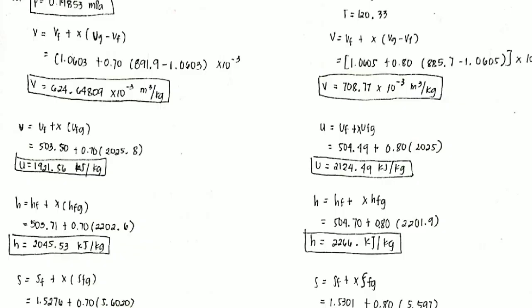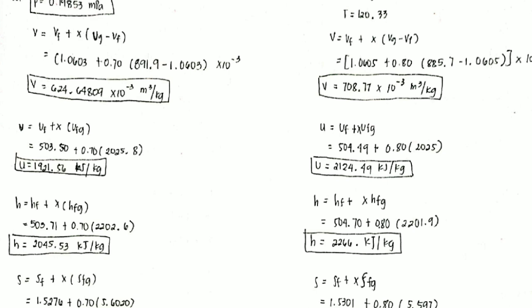In getting the V, we use the properties of wet water: V equals VF plus X of VG minus VF. We can see in our steam table that our VF, the saturated liquid, is equivalent to 1.0603, our X is equal to 0.70, and our VG is 891.9.